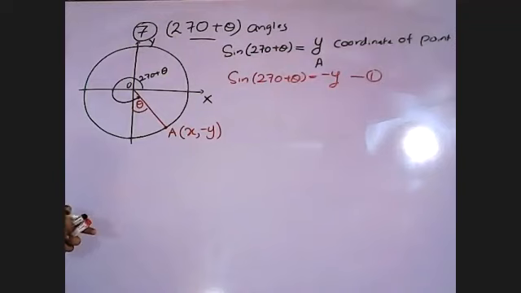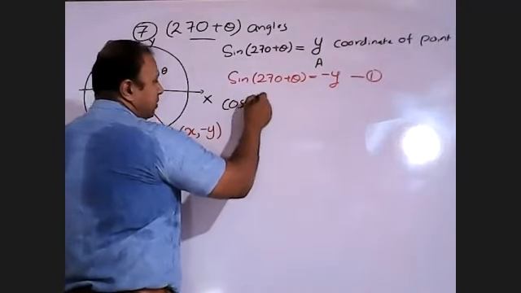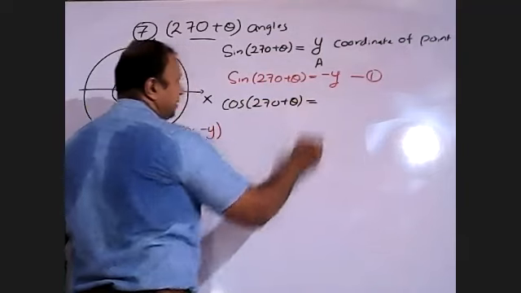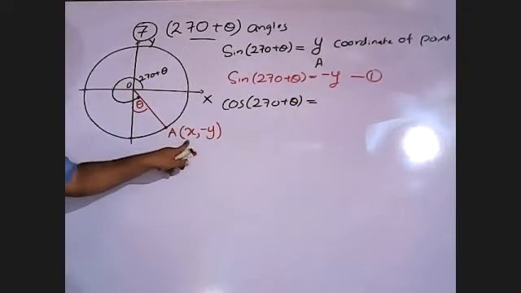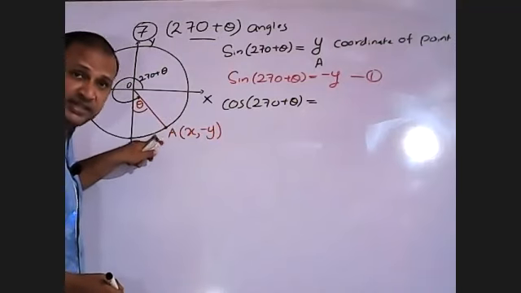Then write the equation for cos. Cos 270 plus theta is equal to the x coordinate of the corresponding point on the unit circle.